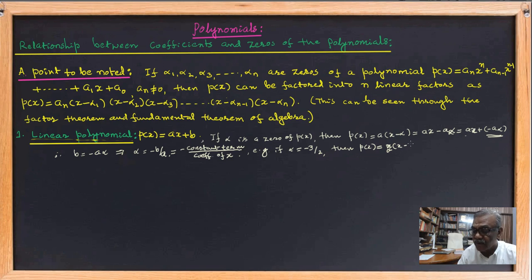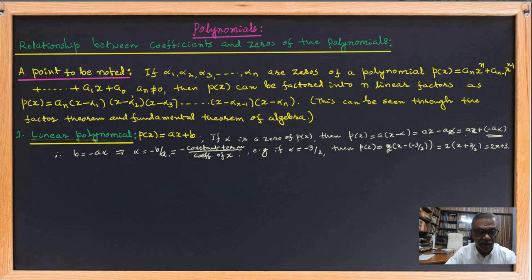Alpha is here minus of minus 3 by 2, so this is 2 into (x + 3 by 2), which gives us 2x + 3. So given the zero, we can find the polynomial.